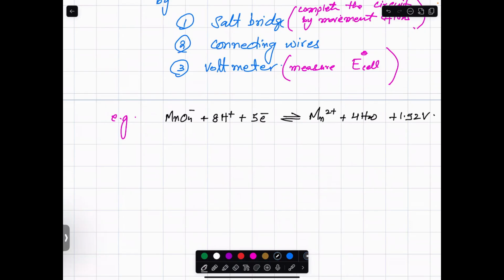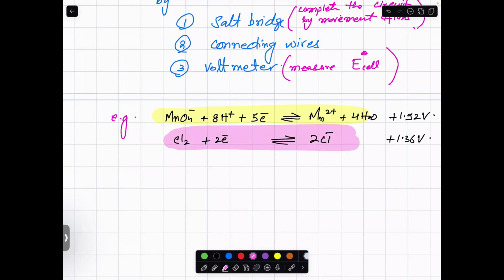This is one half cell. And chlorine gain 2 electrons, 2Cl negative, 1.36 volt. These are two half cells, and these two half cells are connected by what? Salt bridge, connecting wires and voltmeter.